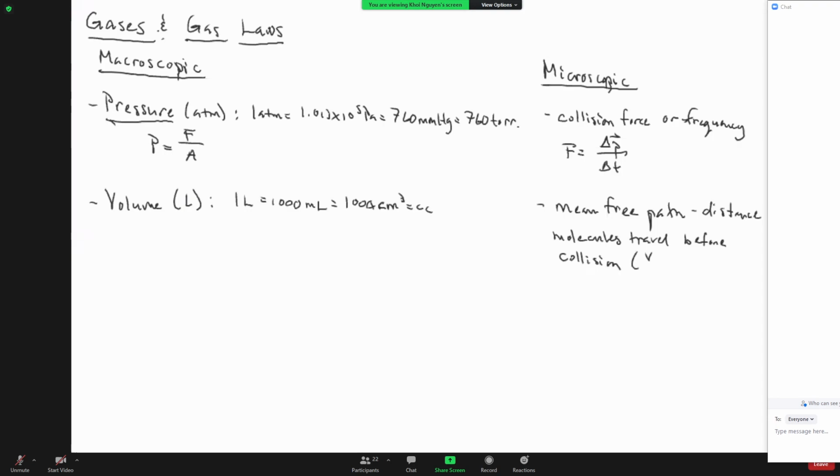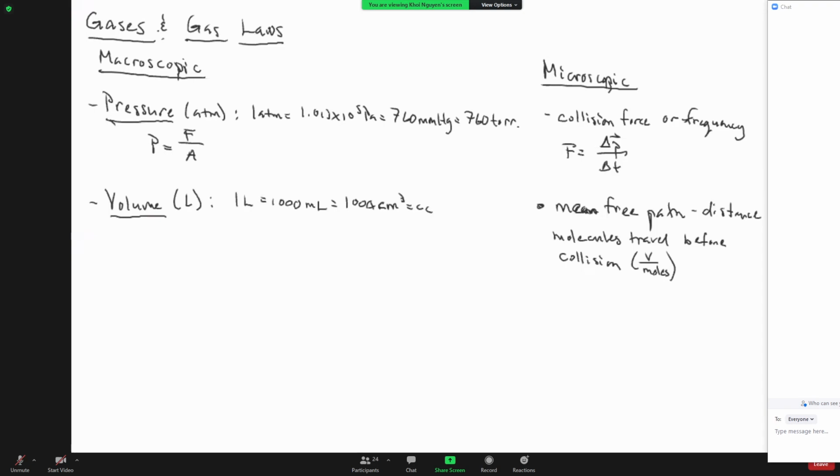So it's some volume per number of moles that we have in between. It's the space in between the molecules. So it's the distance that one molecule has to travel before it collides with another molecule. Really just saying that that's the distance between each individual molecule in 2D or 3D space, okay? So volume is the macroscopic property, mean free path is the microscopic property.